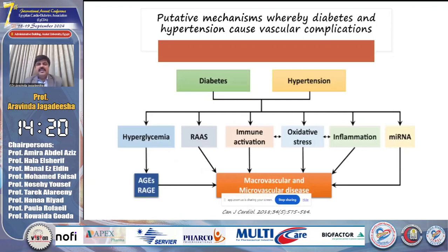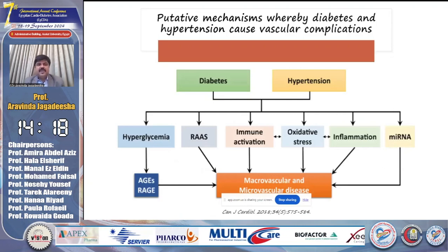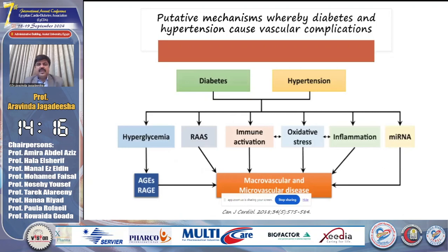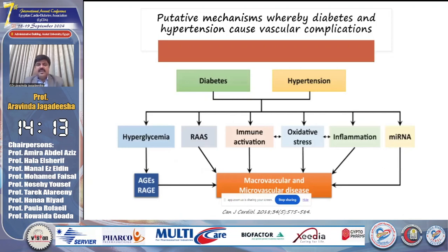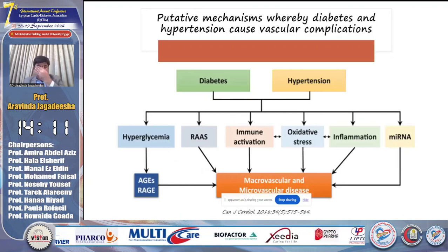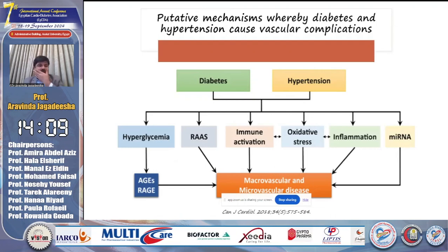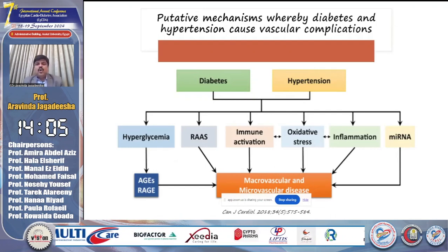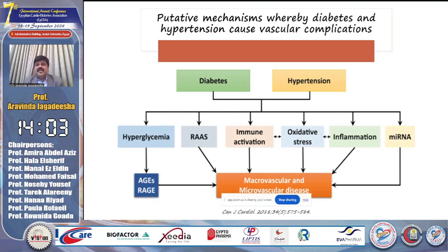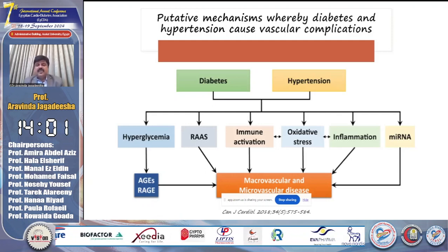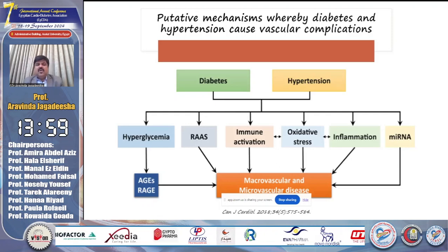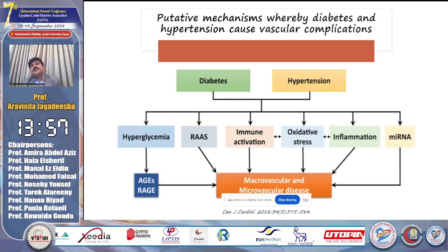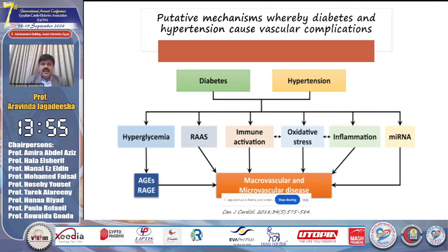The putative mechanisms whereby diabetes and hypertension cause vascular complications: you can see in this, diabetes and hypertension together cause hyperglycemia, RAS system involvement, immune activation, oxidative stress, inflammation, and miRNA. All this leads to macrovascular and microvascular disease.